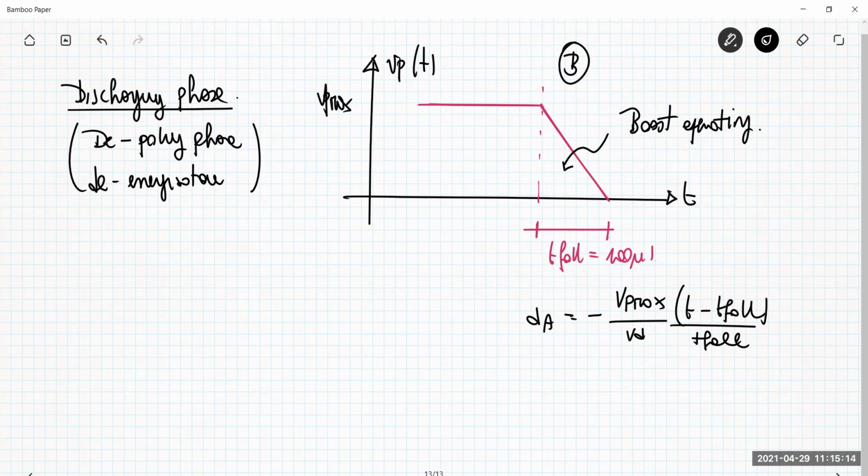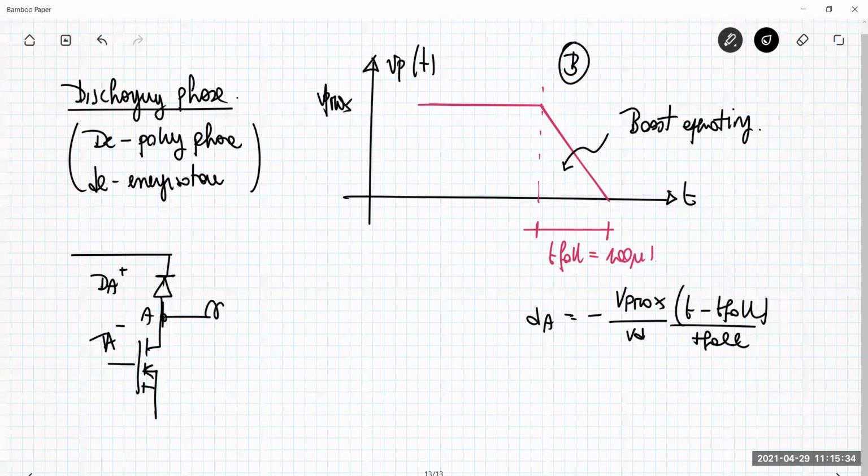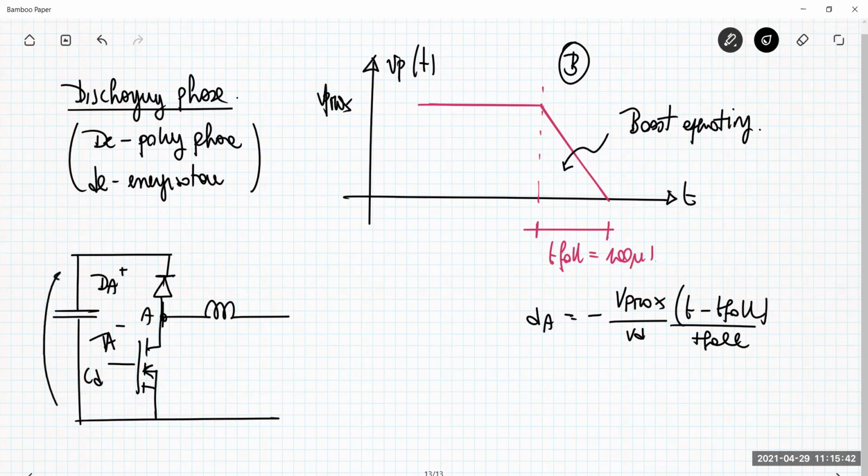Remember that TA plus is left open, so we have just the transistor TA minus. So this is the standard boost.